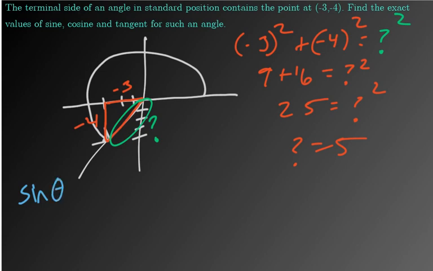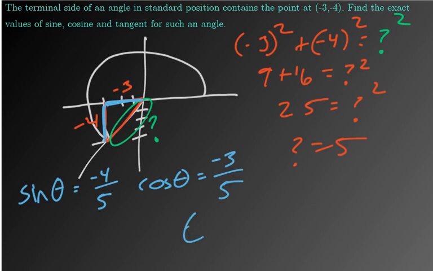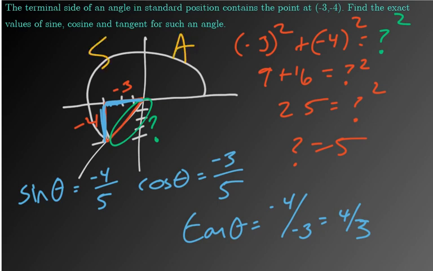Sine of that angle is just going to be the opposite over the hypotenuse, -4 over 5. The cosine of the angle is the adjacent, -3 over 5. And the tangent is the opposite over the adjacent, so -4 over -3, or 4 over 3. And remember that all fits nicely with the All Students Take Calc thing.